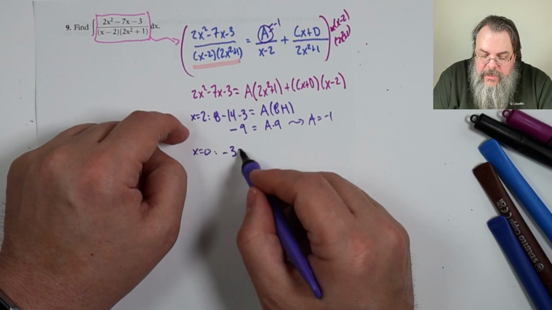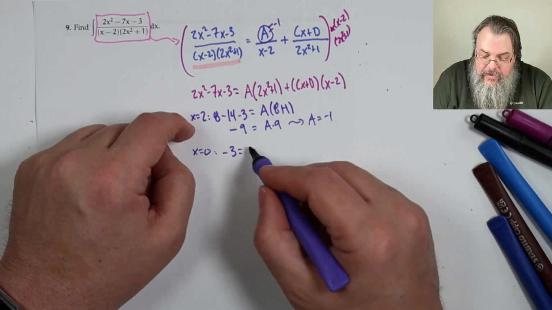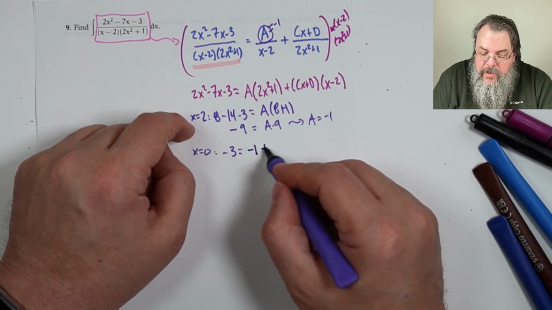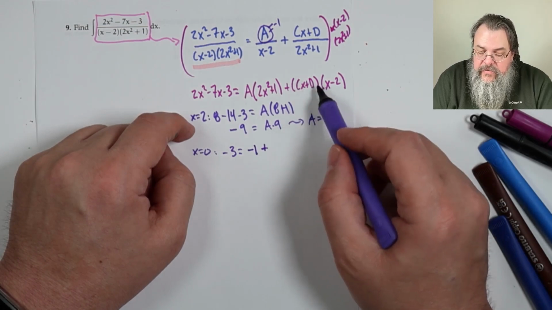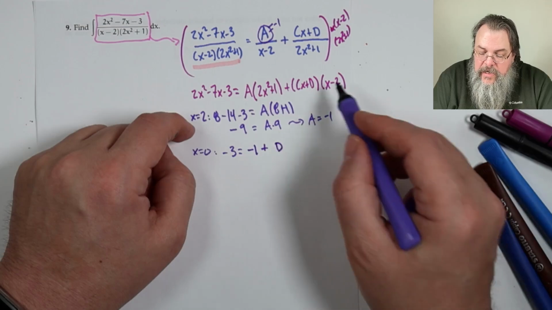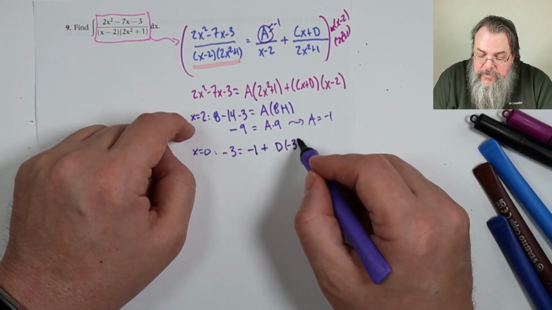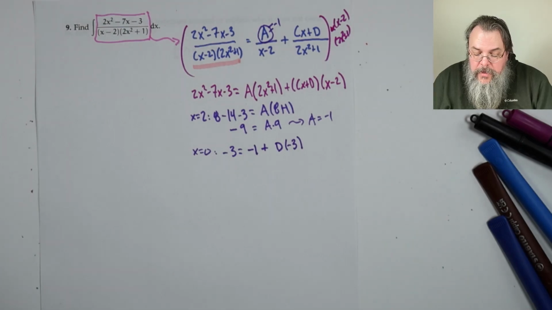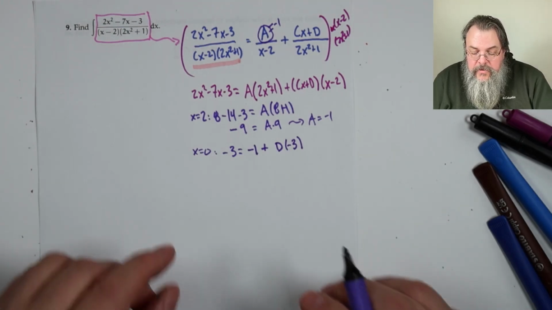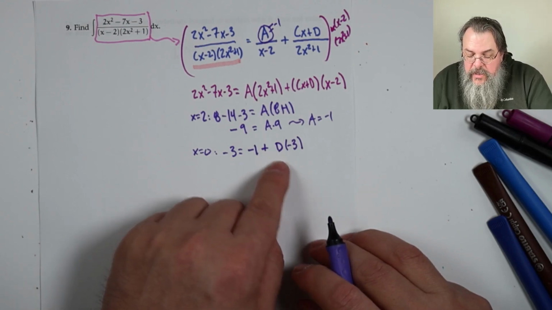So negative 3 equals a times 1, but we know a, so that's minus 1, plus c times 0, which is gone, plus d times minus 1 times minus 2, so times negative 3. Yeah, that sounds right. So we have minus 3 equals minus 1 plus d.